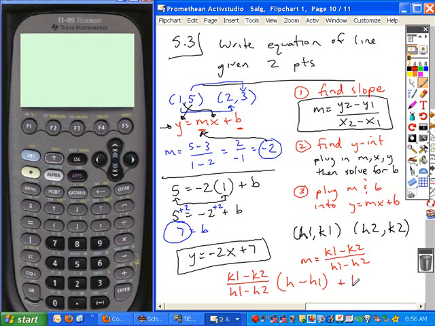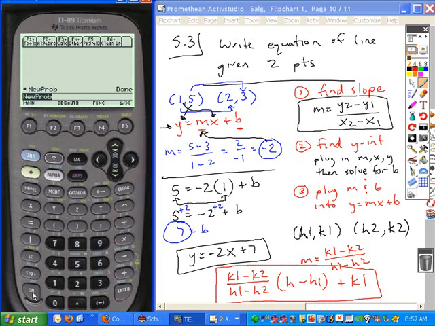Then you will add K1 at the end. So this right here is an equation that will give us slope-intercept form just by entering the X and Y coordinates of each point. And so here's how we can program our calculator for this.